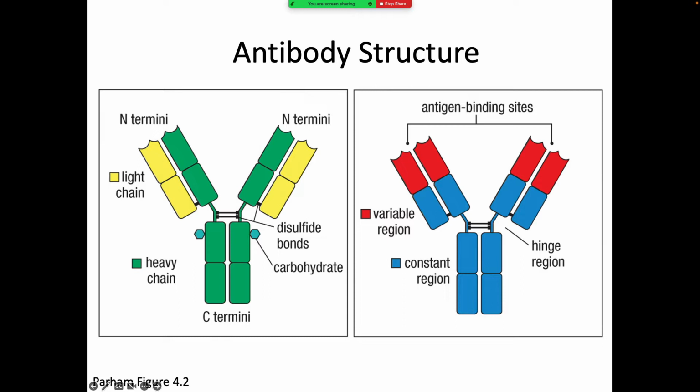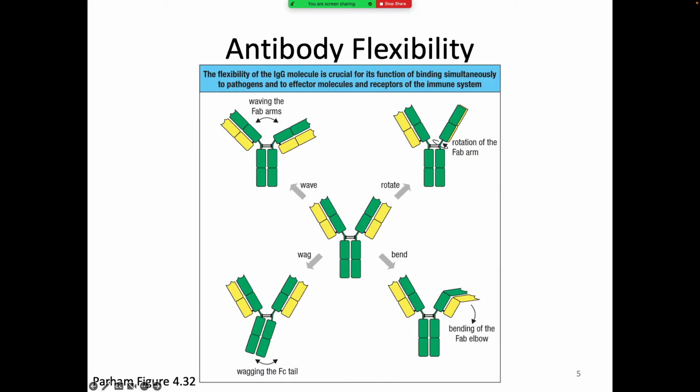That is known as the hinge region. That hinge region is quite flexible, and that results in the antibody itself being quite flexible. So what you can see is that our antibody can actually flex in terms of how close together the Fab arms are. The Fab arms are able to rotate. The tail can sort of wag. And we can even see some bending of those Fab arms.